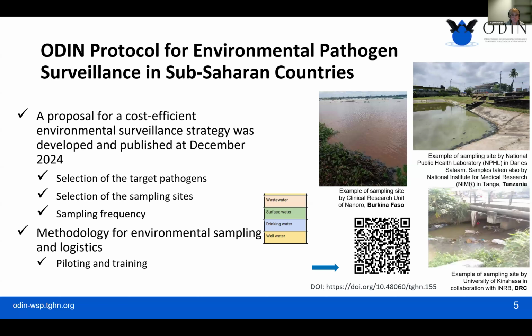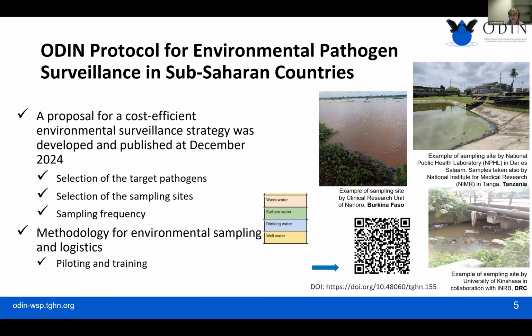consortium. And for those samples, then we piloted and had a training on the methodology, how to take this environmental sample, and especially the logistics were something that we needed to work quite a bit in the beginning of the sampling campaign.